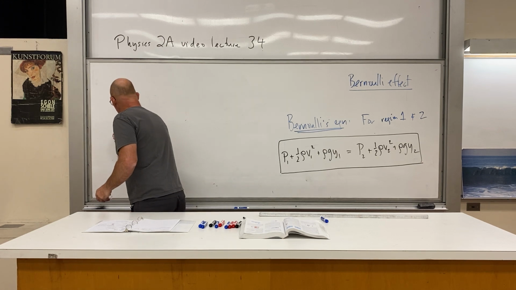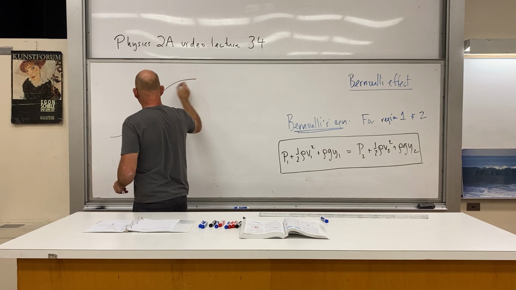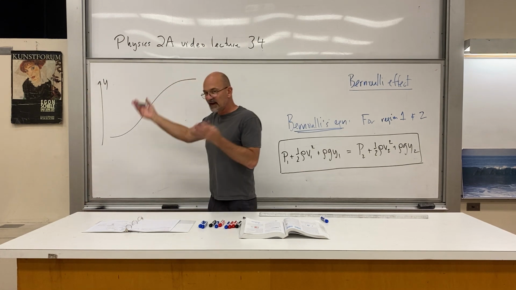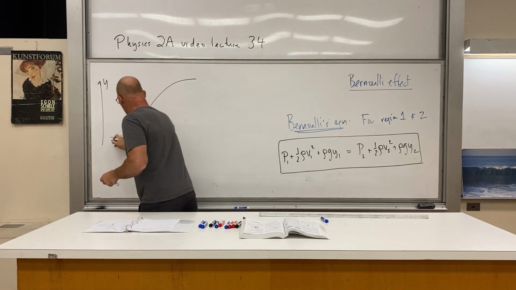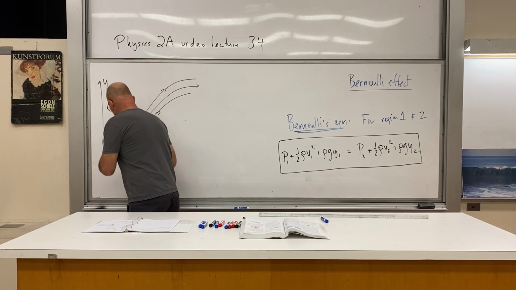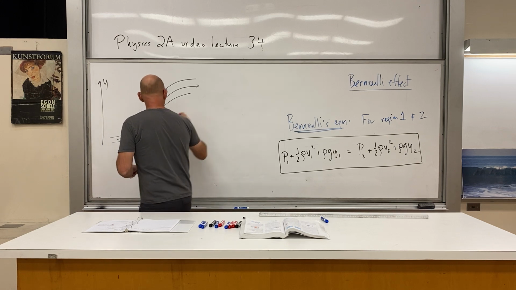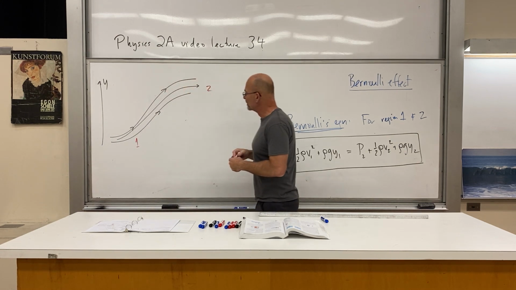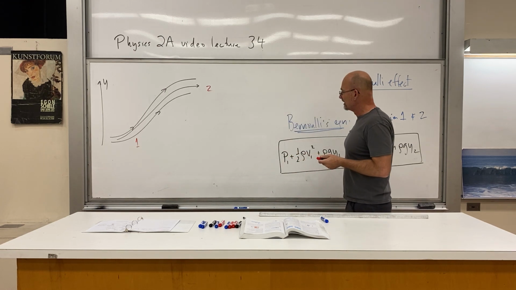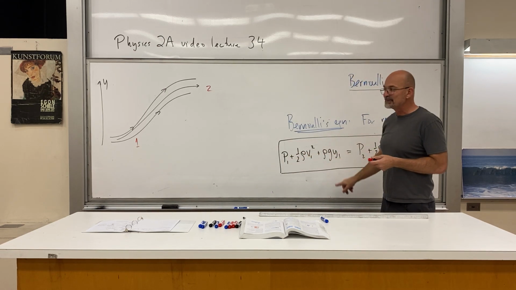So the idea is we have a flow. Here's a y-axis with gravity up and down. And we have a laminar flow. So we'll call this region 1, and this region 2. So they're separated by the y-axis vertically, and there are different pressures and different speeds.